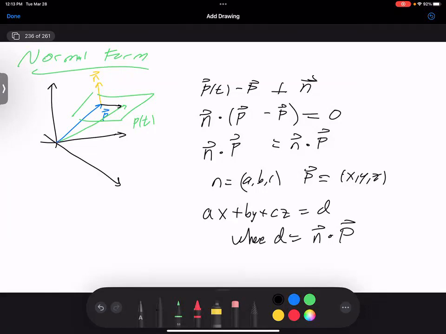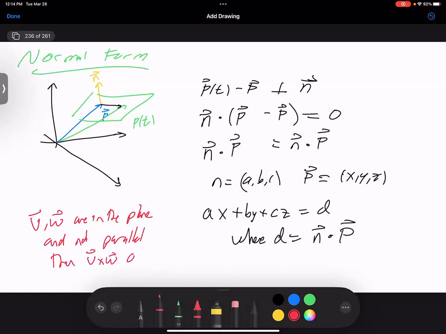And a lot of it comes down to just, well, what information do you have? If you happen to have the normal direction, then you're lucky. If we know V and W are in the plane and not parallel, then V cross W and the normal are in the same direction.